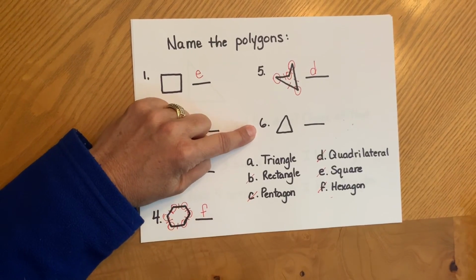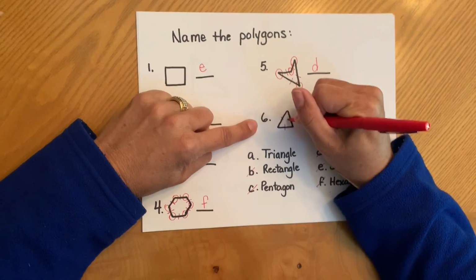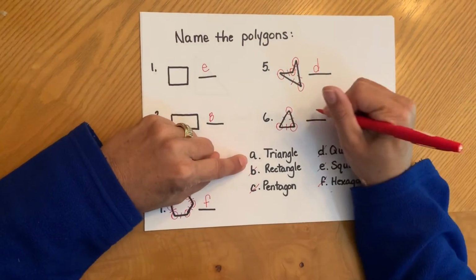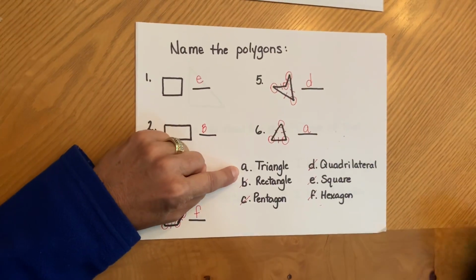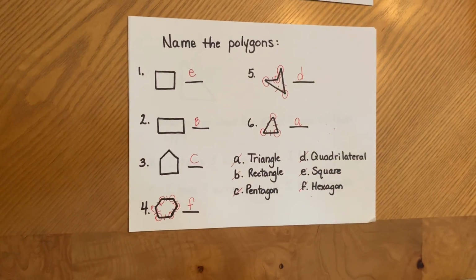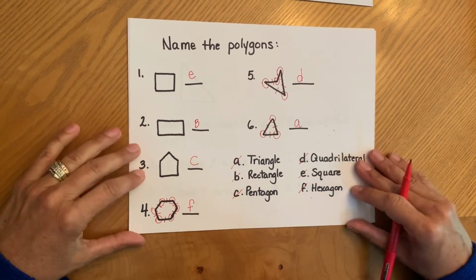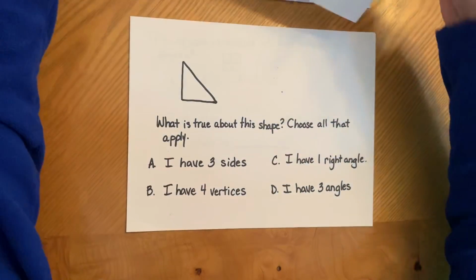And last but not least, we have a shape that has 1, 2, 3 sides, 3 vertices. It must be a triangle. Okay, remember these polygons and how we describe them. Okay, here we go. Almost to the end here.